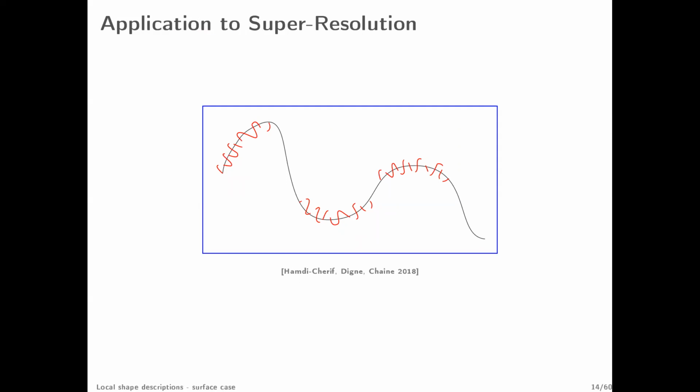Okay, let's try to do something else than denoising. Let's do super resolution. What does it mean? It means that you have a scan which is given at some resolution by, say, a Kinect, and you want to improve the resolution because you're not happy with what came out of your scan. The principle we're going to apply, as you can see here, is that you have a surface and a detail which is only partially acquired at several locations, but it's repeated.